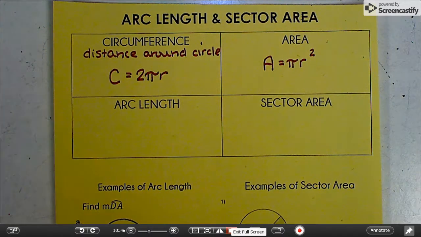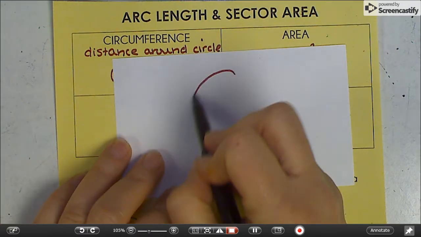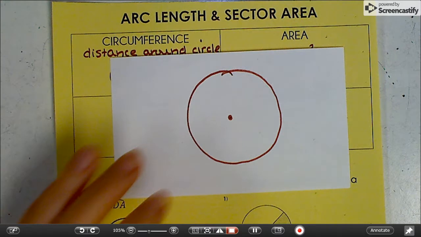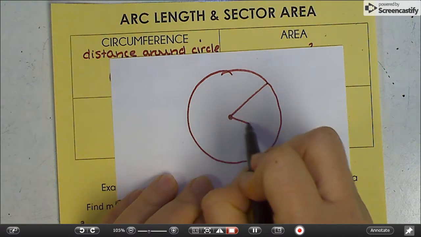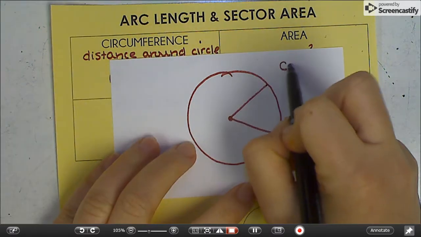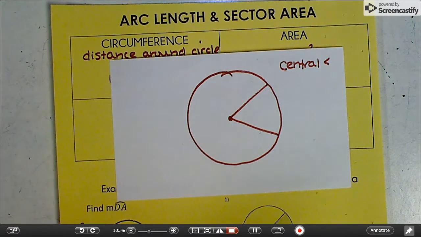In order to find the length of an arc, you have to know a couple things. The first thing is you need to know this little piece of information. This is a circle, and that's the center. There are angles that look like this, that come from the center. The vertex of the angle is on the center of a circle. This is called a central angle, and it has a really cool thing.